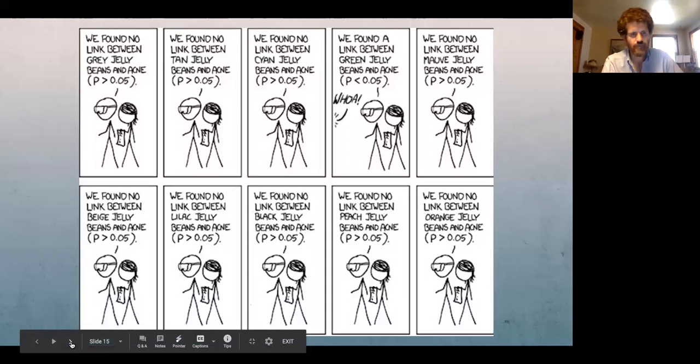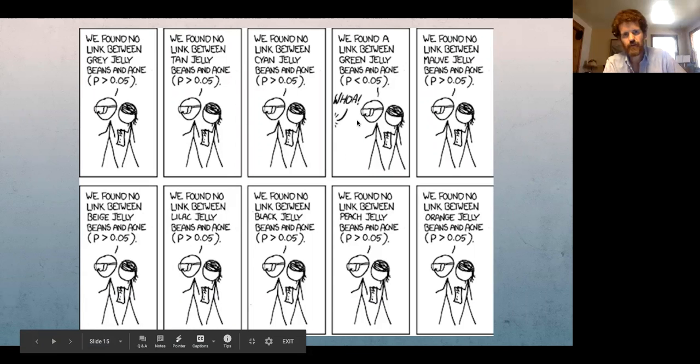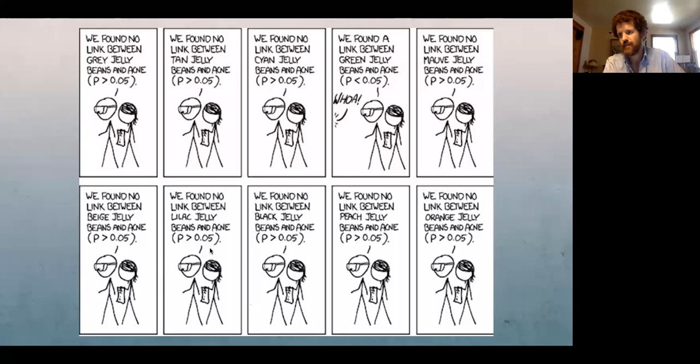They investigated 20 colors. How many did they find a link with? 1. And at a significance level of 0.05, how many would you expect? 1 per 20. You would expect 1 in 20.